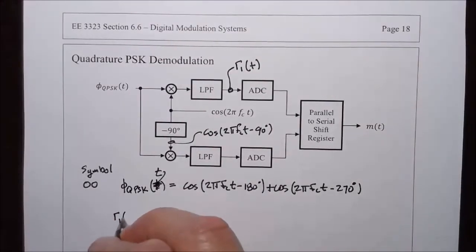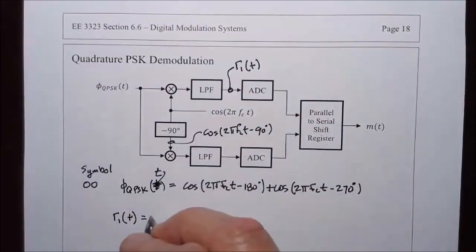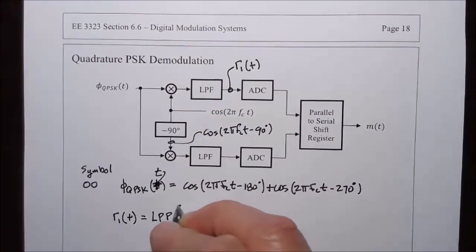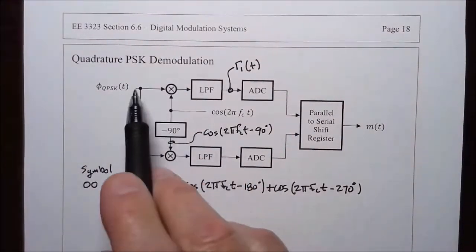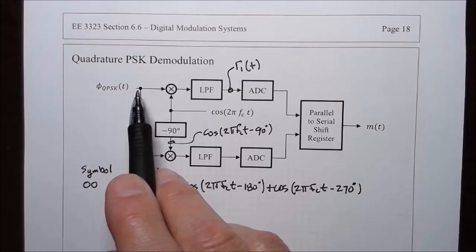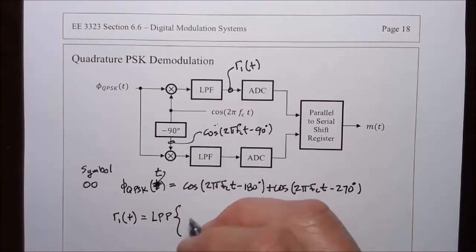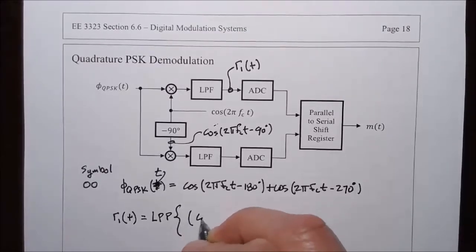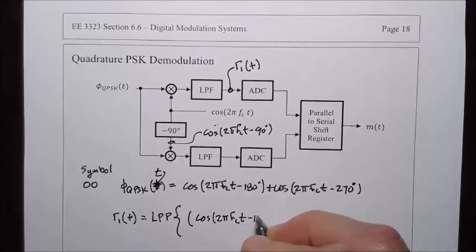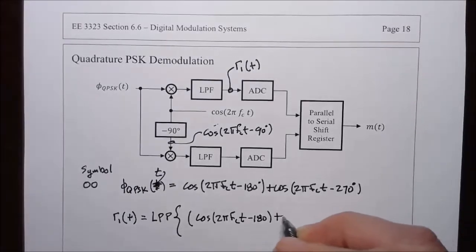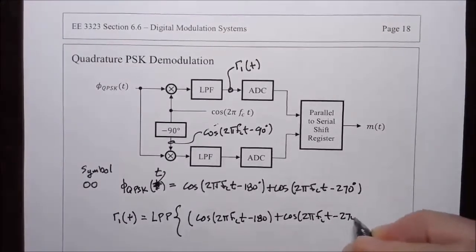And R1 of T is equal to, we're applying a low pass filter to the output of this mixer, and the output of the mixer is the quadrature phase shift keyed signal times the replica of the carrier, the cosine. So we have cosine 2 pi FCT minus 180 plus cosine 2 pi FCT minus 270.